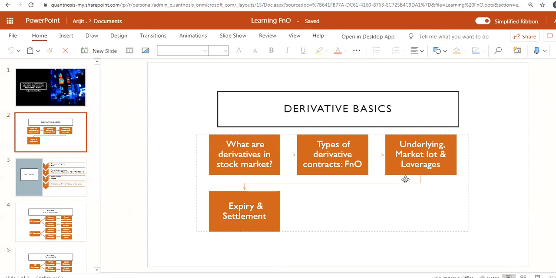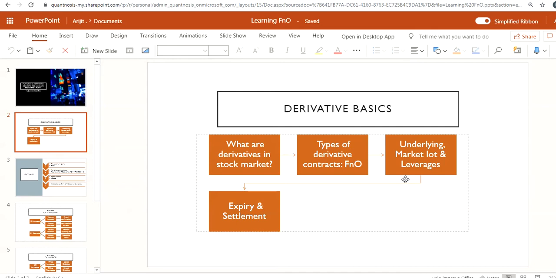In derivatives, we also have a concept called expiry and settlement. Previously I mentioned in the definition that derivatives are contracts based on an agreement of buyers and sellers for a predefined price and time. The time is the expiry date.